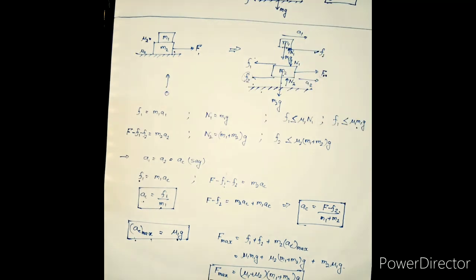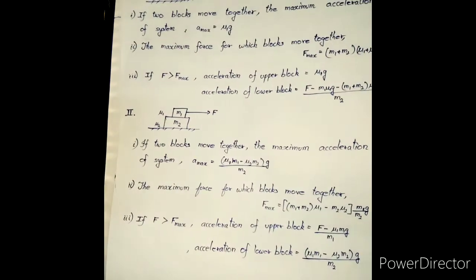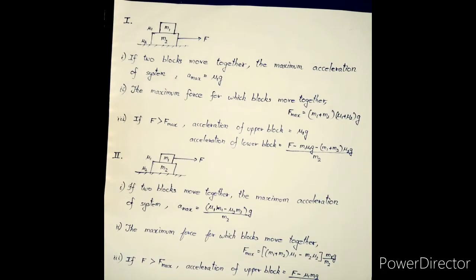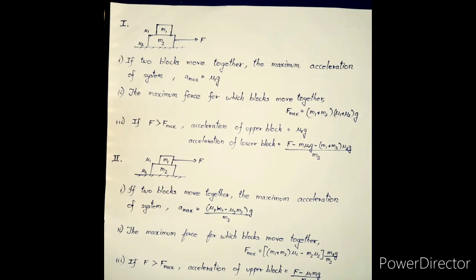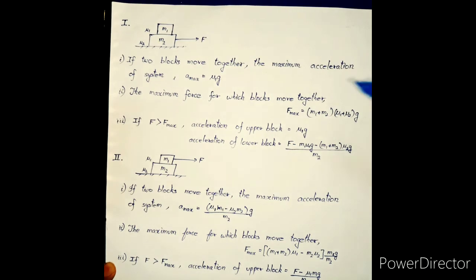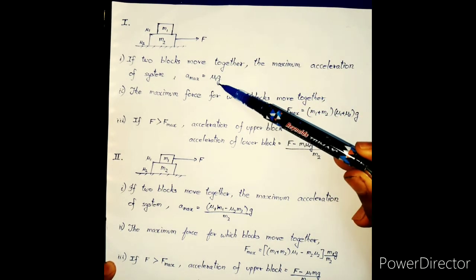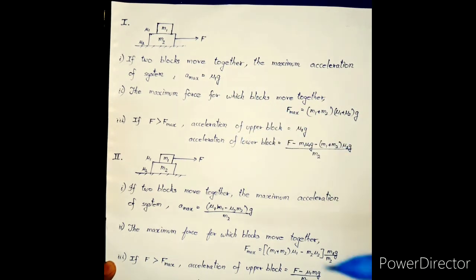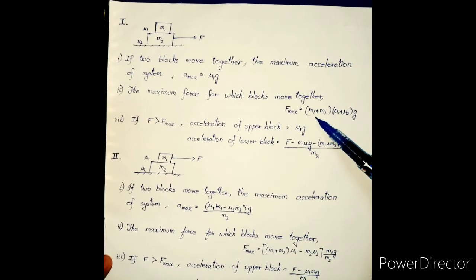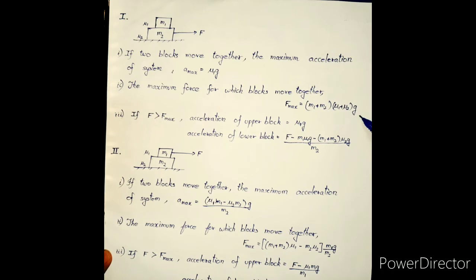We will get similar equations, and the observation will be this way. Here it is an external force applied on the lower block. We are getting the maximum acceleration as mu1g, so that both blocks move together, and the maximum force as (m1 plus m2) whole into (mu1 plus mu2) into g.